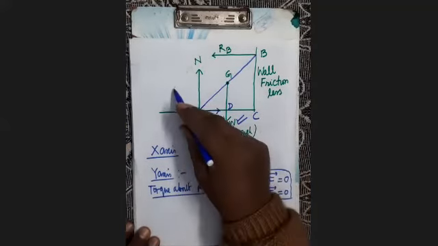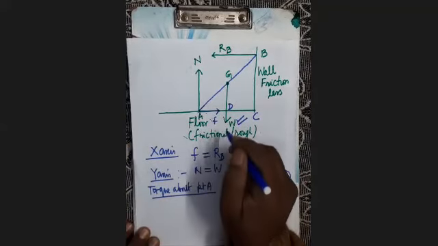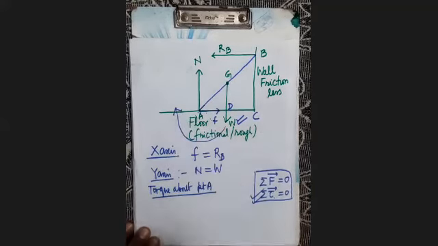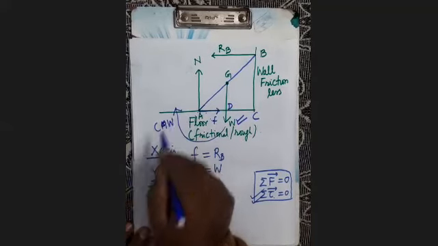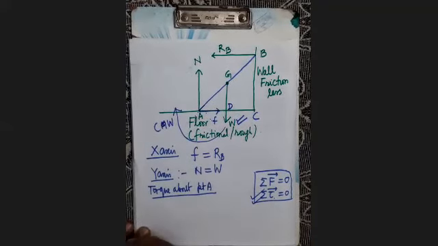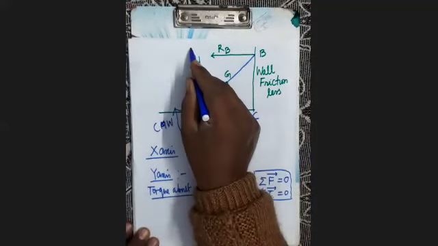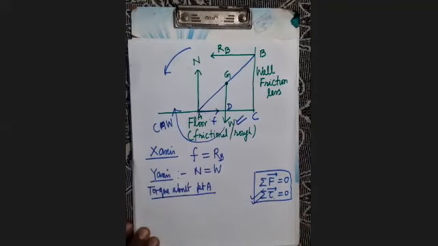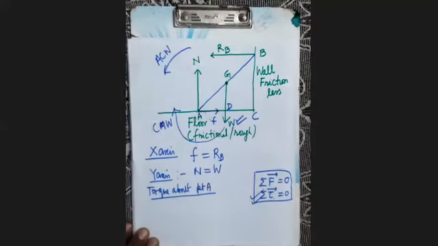In clockwise direction. While RB will produce the moment about the point in what direction? In anti-clockwise direction. Since it is in equilibrium, therefore clockwise moment will be equal to anti-clockwise moment.